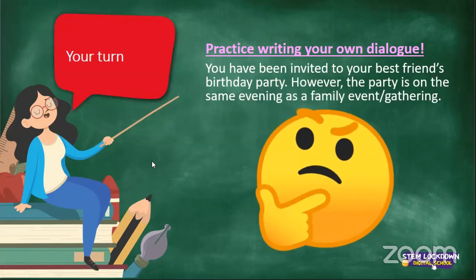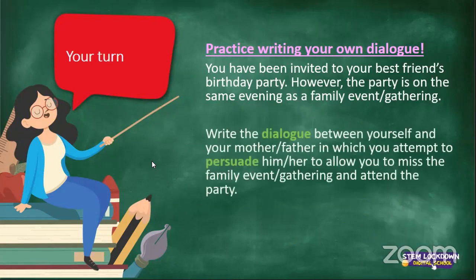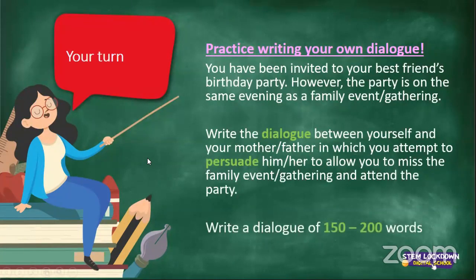Once again, you're supposed to write the dialogue between yourself and your mother or father in which you attempt to persuade him or her to allow you to miss the family event or gathering and attend the party. You are supposed to write a dialogue of 150 to 200 words.